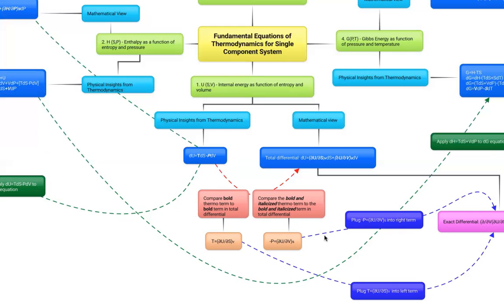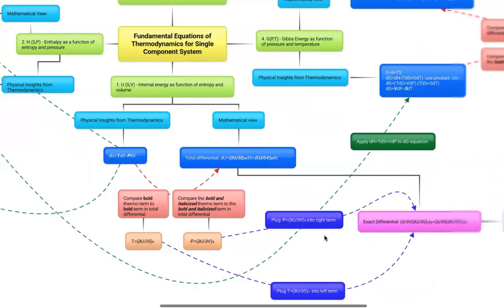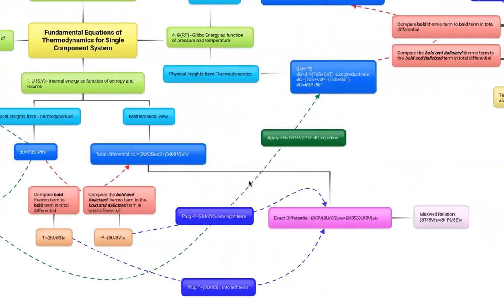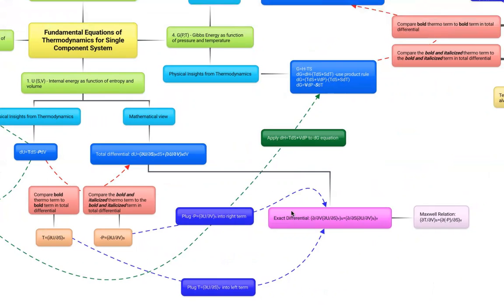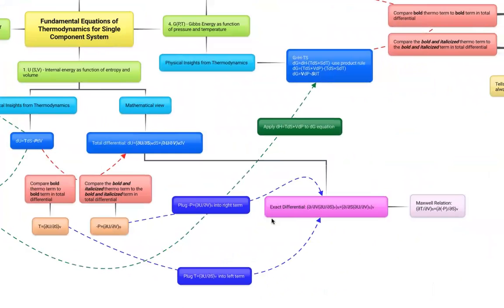From there, I connected this to the Maxwell relations. I'm going to keep going with the internal energy one. You can see that I have the total differential connected to the exact differential in the dark pink bubble here. The terms we just found for T and negative P can be plugged into this exact differential, which is how you would derive the Maxwell relation, and that's represented by the purple arrows.